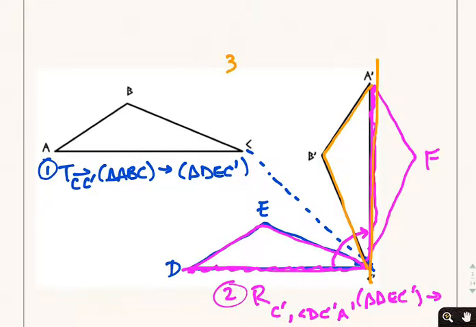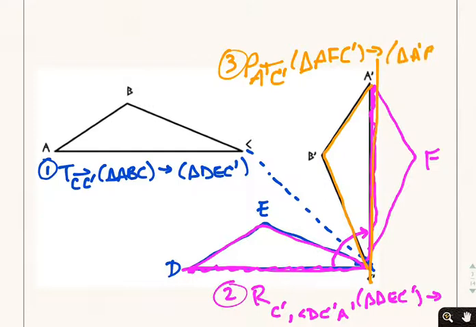So step 3 is reflection over line A prime C prime of triangle A F C prime until it lies on top of triangle A prime B prime C prime, which is my goal.